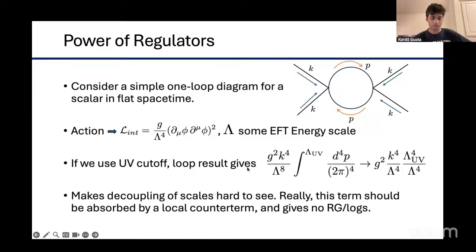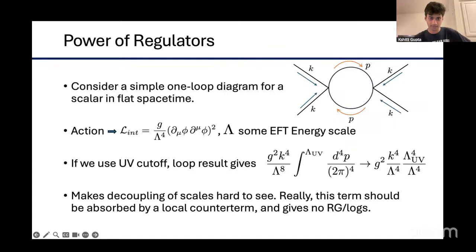After we've done the loop calculation, it's not obvious if this term gives rise to RG or not. Really, this will be absorbed by a local counterterm, so we can introduce a counterterm, and after doing the work, we'll see that there are no RG logs due to this loop integral, but we had to work a little harder outside of just calculating the loop integral.